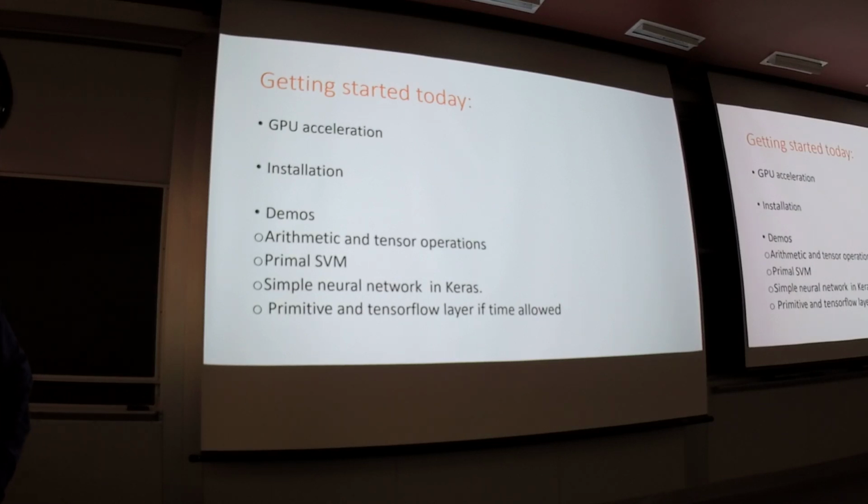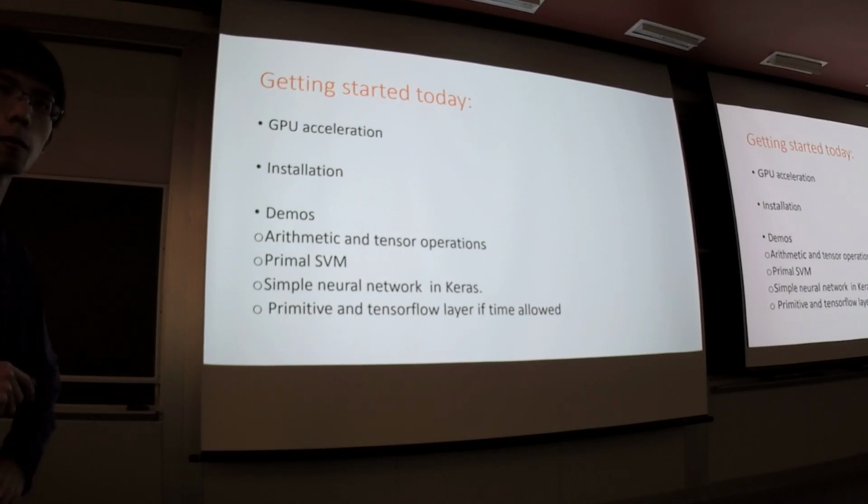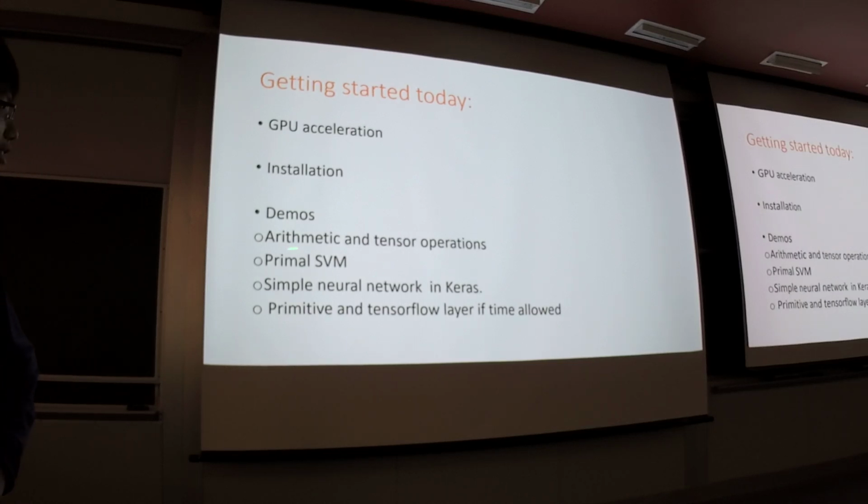Remember, we need to constrain the alpha in a specific range. In TensorFlow, you can have some workarounds to do constraint optimization, but normally in TensorFlow, we work on unconstrained problems, which is the primal form of SVM. Then I will show you a very simple neural network in Keras and in primitive TensorFlow on the digits classification.